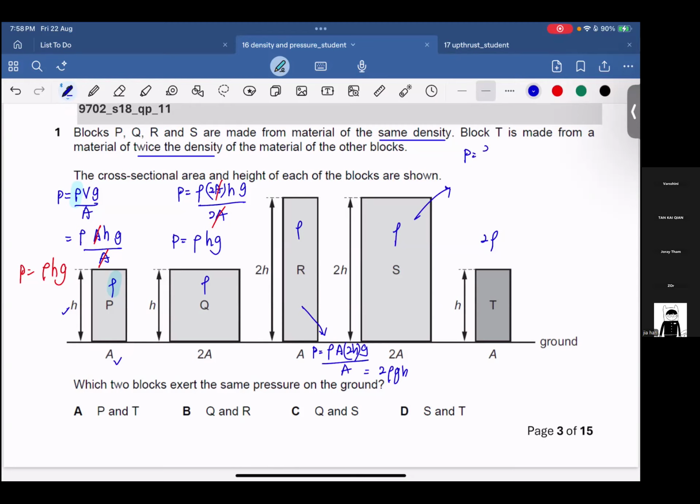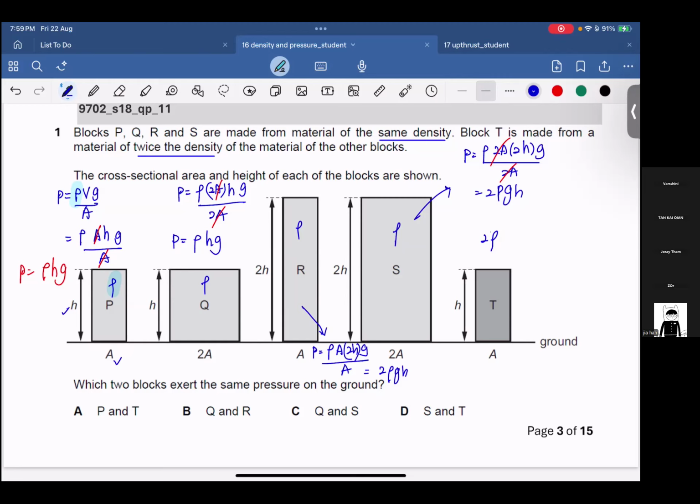P equals ρ, 2A, 2hg divided by 2A. The 2A and 2A cancel out, 2ρgh. So that means block R and block S have the same pressure. But we also don't have any answer among A, B, C, D with blocks R and S, so there is no choice here.